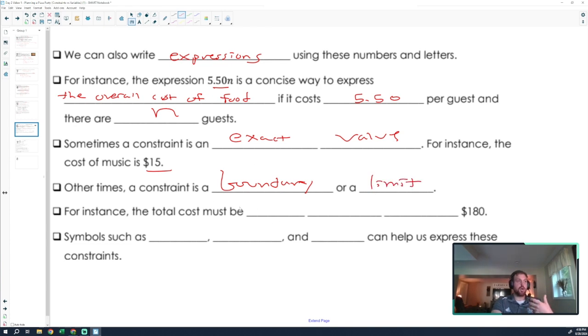For instance, the total cost must be no more than $180. That's a limit. And in our expressions, symbols such as less than, greater than, and equal to can help us express these constraints. That's all an expression or an equation in real world terms is.